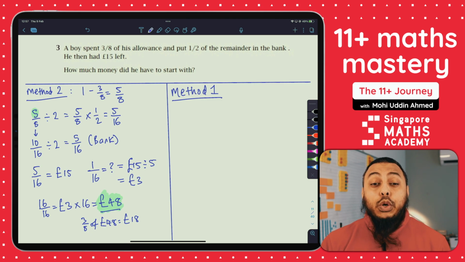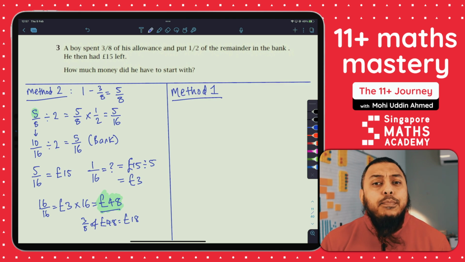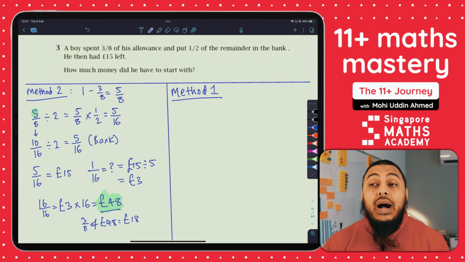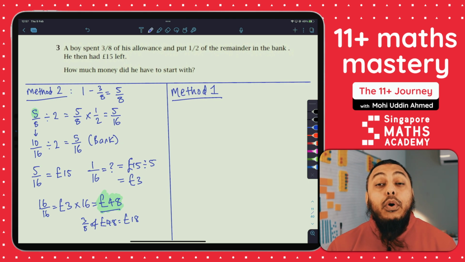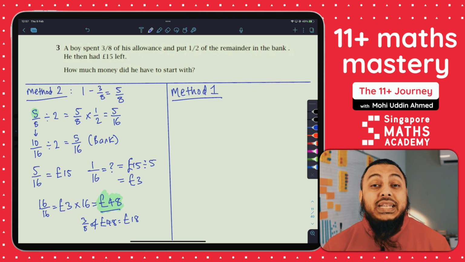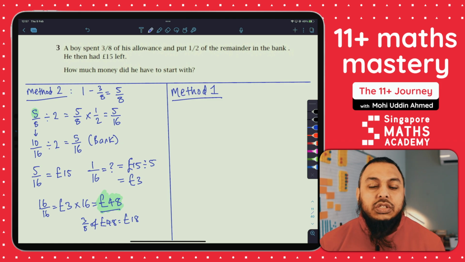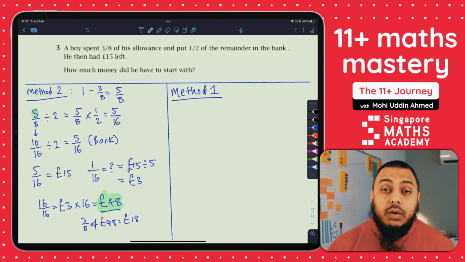And this is where we're showing you the difference between us as a tuition company and most other tuition companies. Now, I am a tutor for the Singapore Maths Academy as a founder, but I also have another company which focuses on training teachers all around the world on a specific strategy, called the bar modeling approach.